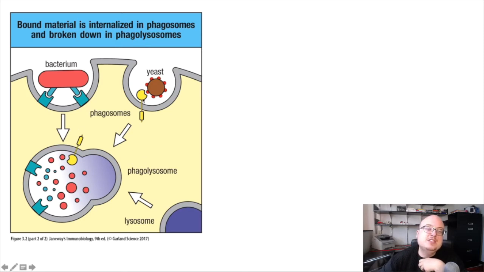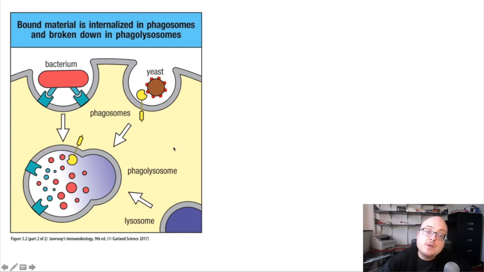That phagosome is internalized into the cell, and it actually fuses with a different organelle called the lysosome. So you may remember from previous coursework that lysosomes are organelles which are responsible for digestion, breaking down cellular contents within the intracellular portion of the cell. And lysosomes do this through a combination of low pH, acidic pH, and digestive enzymes, which fill the interior of the lysosome, basically.